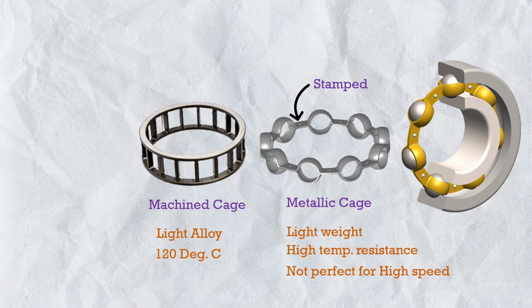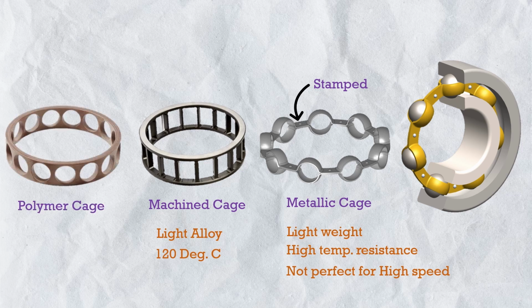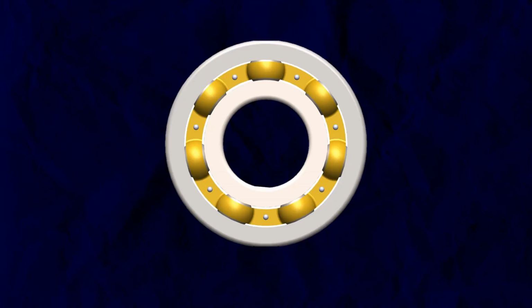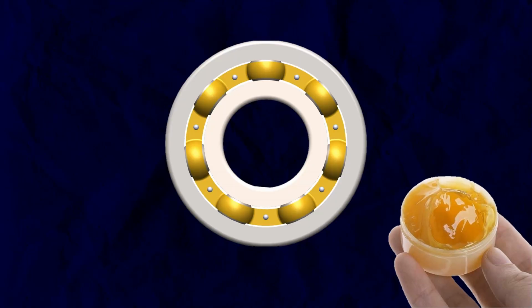But for super high speed like 20,000 rpm, polymer cages are more suitable, like PEEK or polyamide 66. Yes, if we are going to select the bearing for a high speed application, we also have to select a suitable bearing cage.